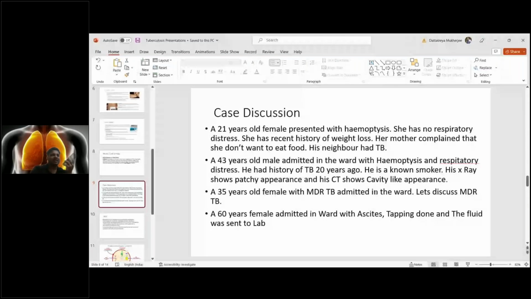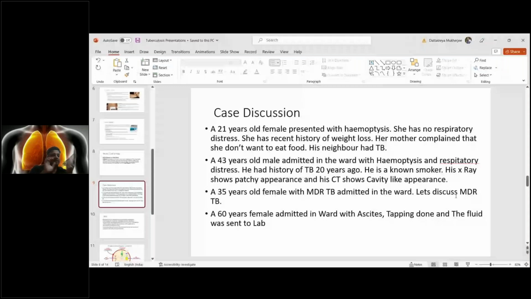Obviously, when a patient has had TB, the X-ray will show a patchy appearance because TB causes fibrosis in the lung, and the CT shows a cavity-like appearance. That might be the Ghon's complex. In this case, we again did the sputum analysis with AFB and CBNAAT, and it came as positive. Again, this patient got anti-tubercular drugs and is doing good.